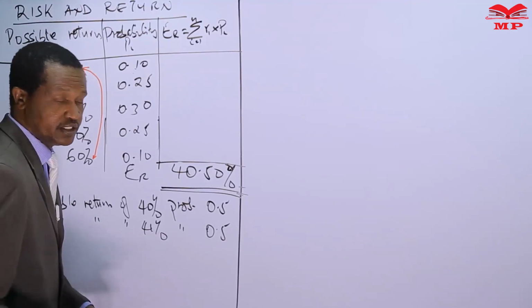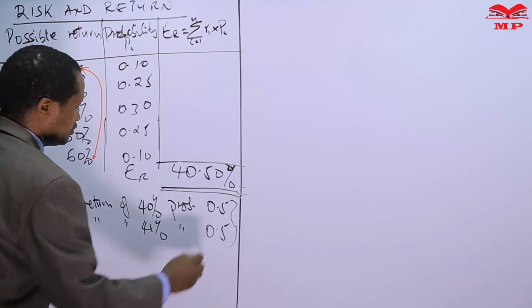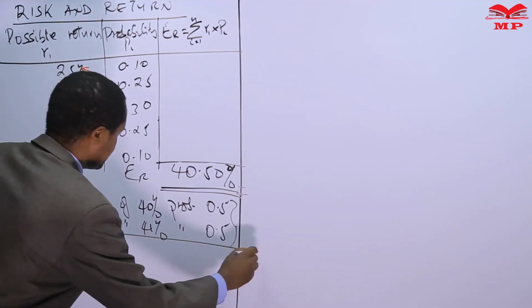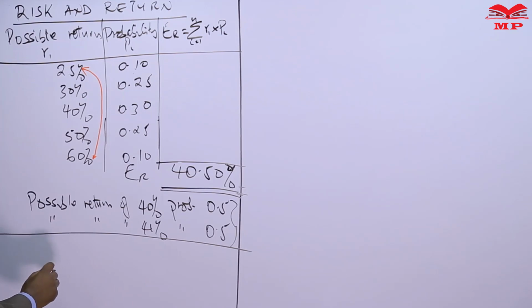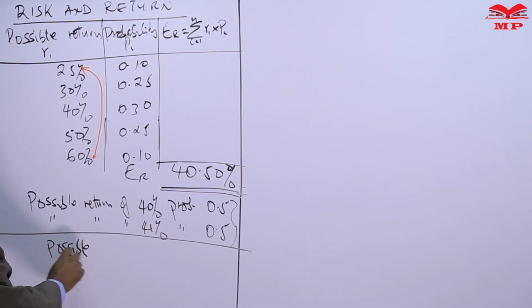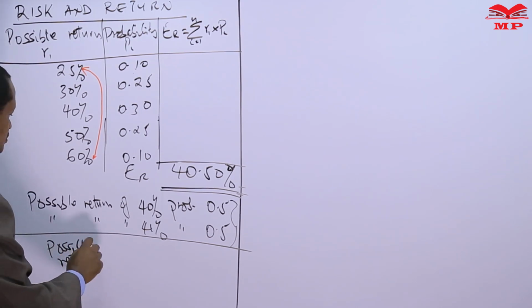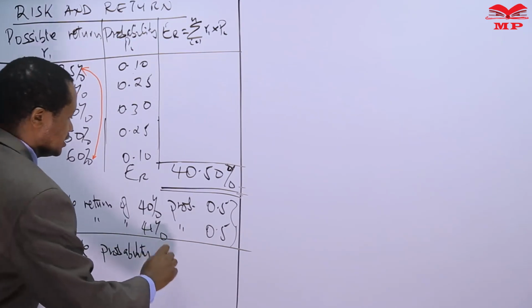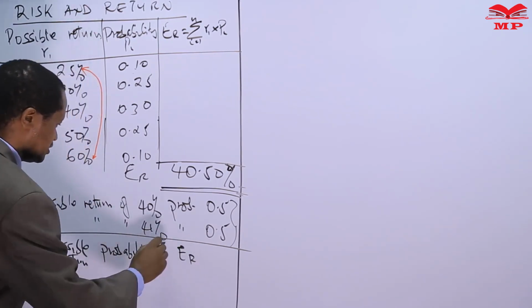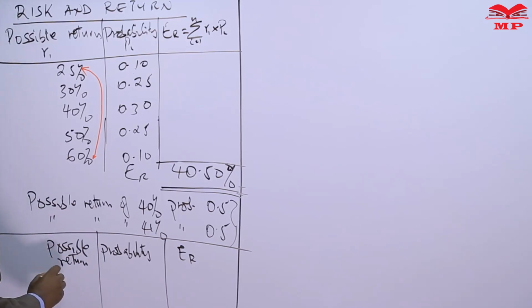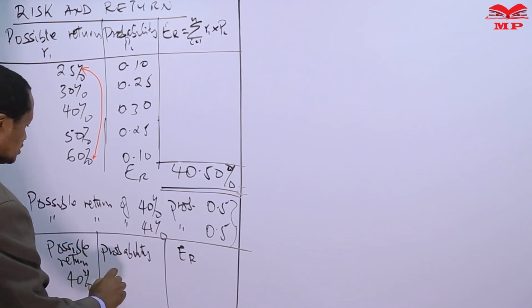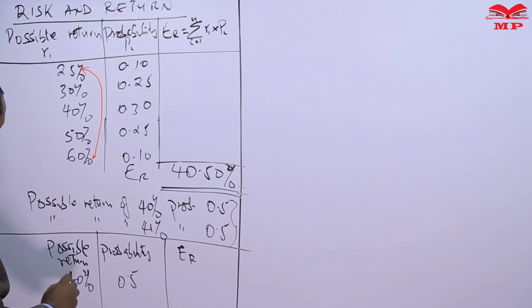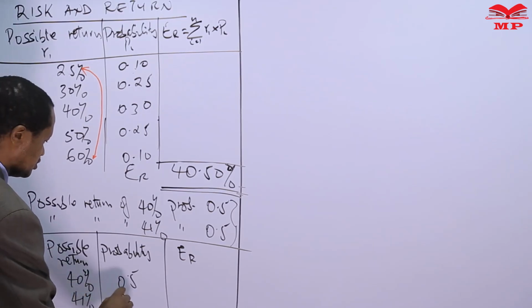If you compute the expected return using these two variations, you see the first possible return is 40% at 0.5 probability, then 41% at 0.5.